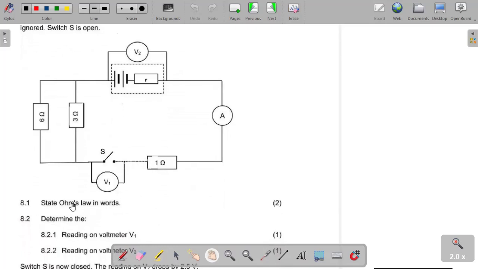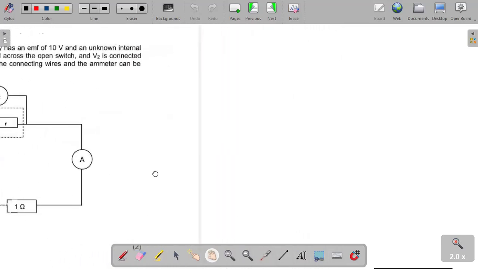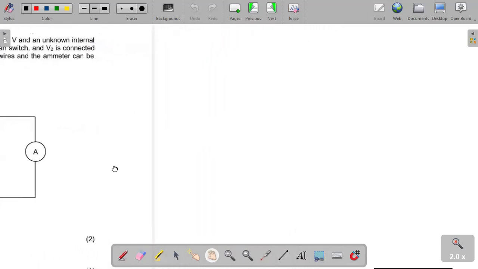Then, okay, 8.1, they say state Ohm's law in one. Okay, 8.1. What does Ohm's law say?